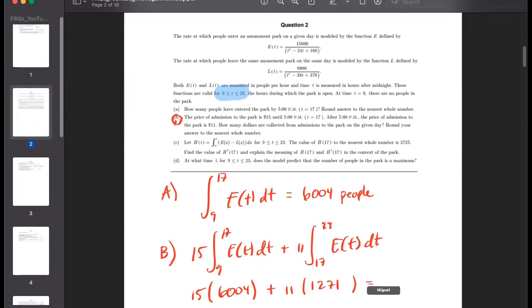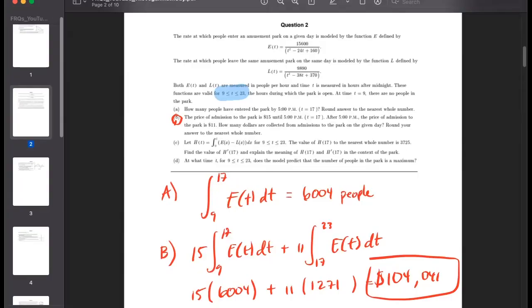Okay, if we use our calculator, we are going to get that the amusement park made a profit of $104,041. Awesome.